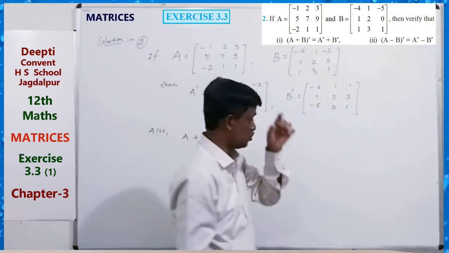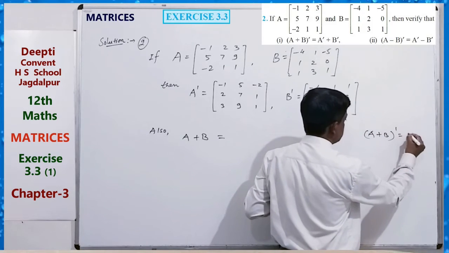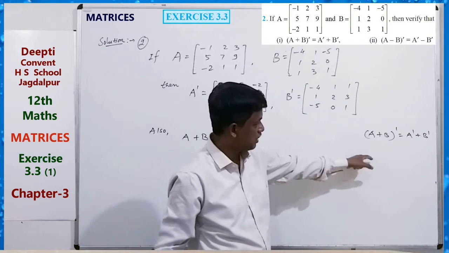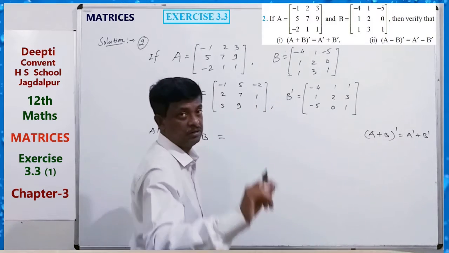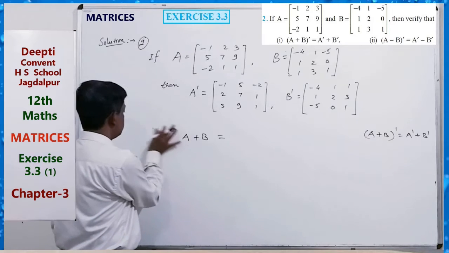We have to prove this rule: (A plus B) dash equals to A dash plus B dash. So for finding the left hand side, first we have to find A plus B and then we take the transpose of that.